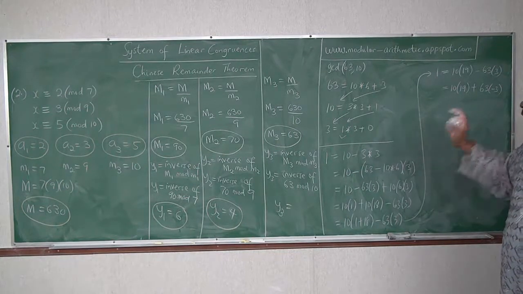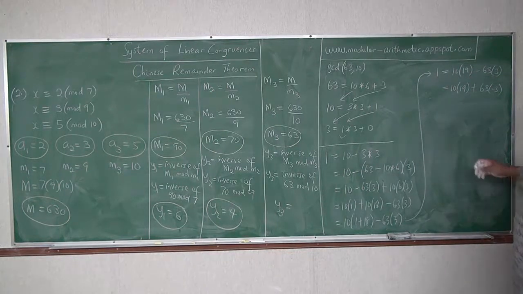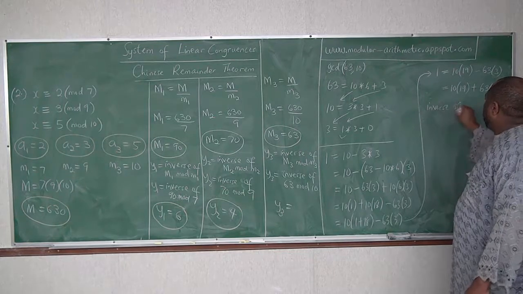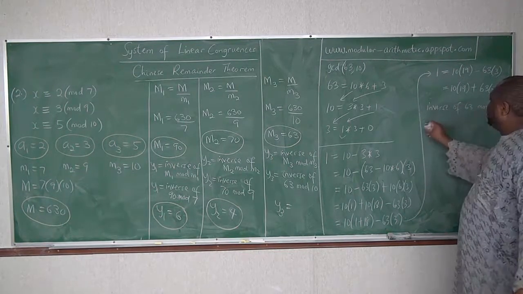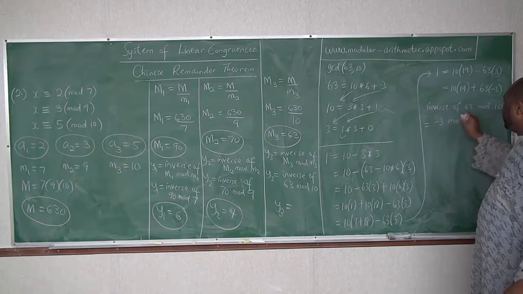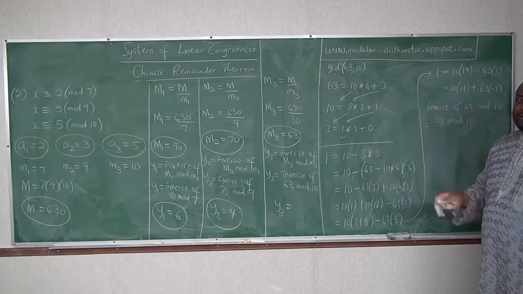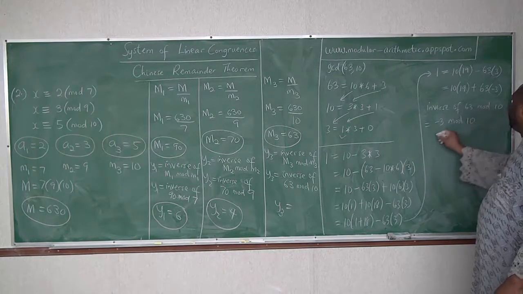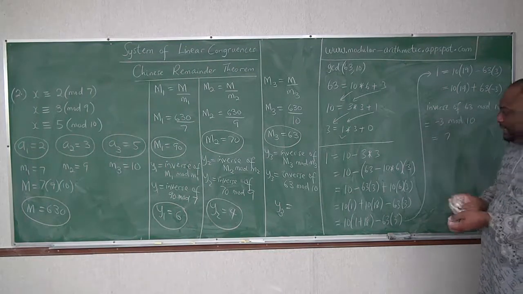Now we need the inverse of 63 mod 10, which is this negative 3. Negative 3 mod 10. We want to use positive values, not negative. Negative 3 mod 10 is 7. So y3 is 7.